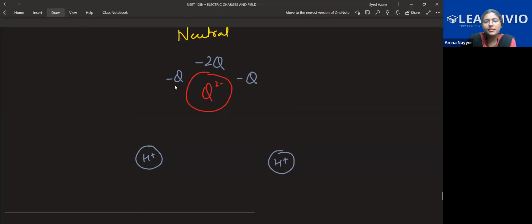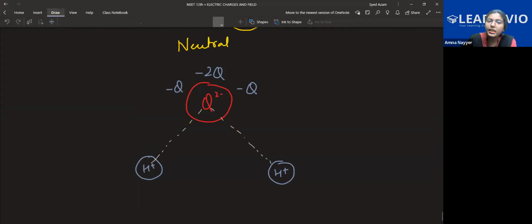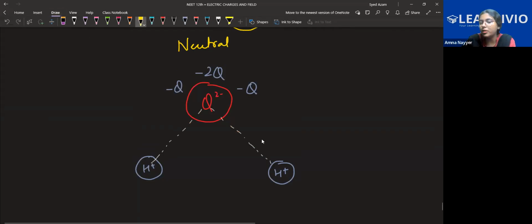Now class, see, this is separated from this hydrogen. This is separated from this hydrogen. So here you are getting one dipole, and here also you are getting one dipole. This is acting as your plus Q, and this is your minus Q. So one with this, one with this, right? That is, this is a pair of dipoles here. One set here, one set here. But the problem is that here the arrangement has been changed.